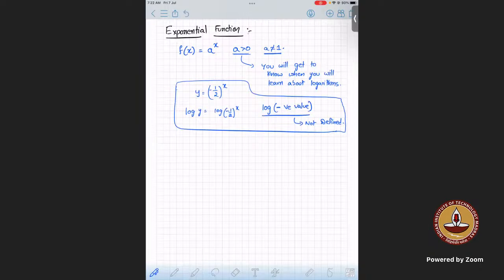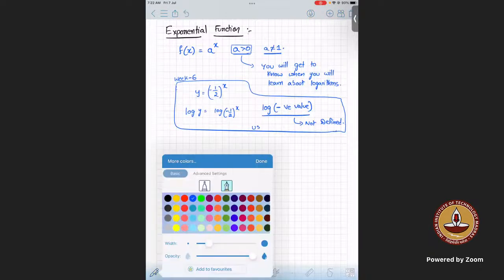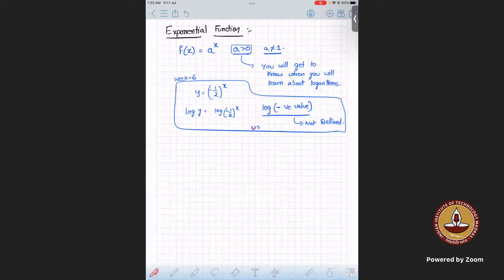Log of a negative value gives a complex number, iota. Don't worry, you will get clarity on this in week 6. I want to clear why a must be greater than 0. Clear, everyone? Yes sir, clear.